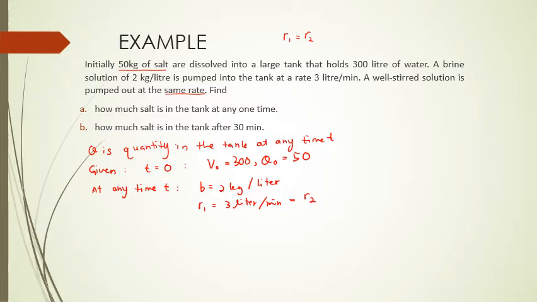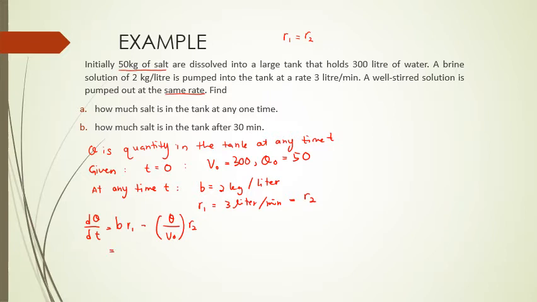Using the formula directly, we have dQ/dt equals B R1 minus Q over V0 times R2. Substitute the values.